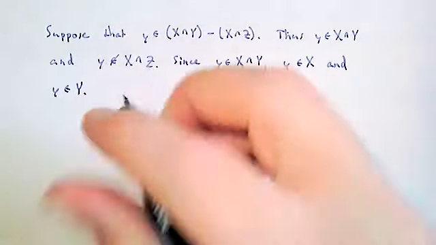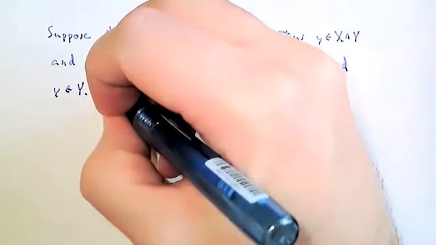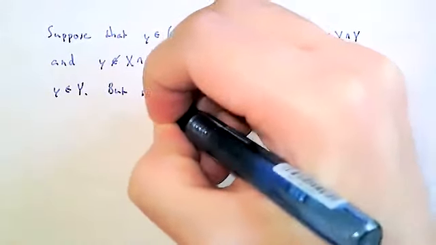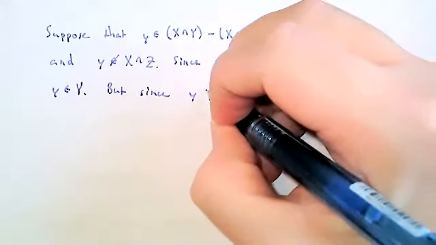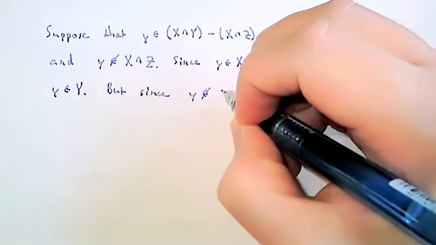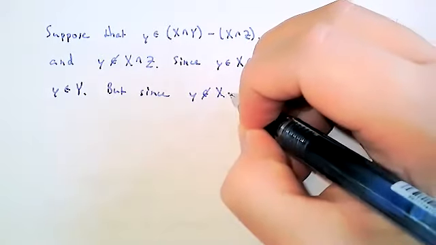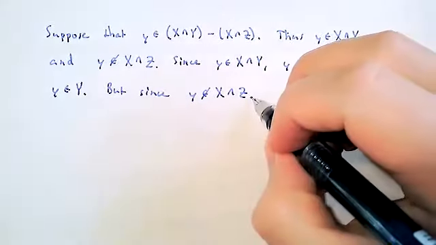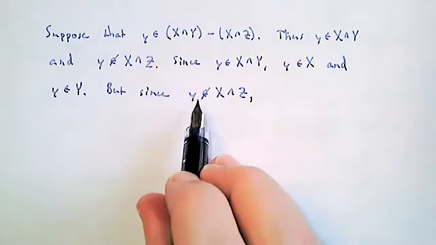But since it's not in the intersection of X and Z, we know that of these two sets, there has to be one where y is not an element.